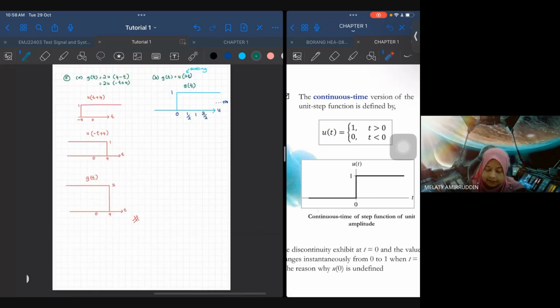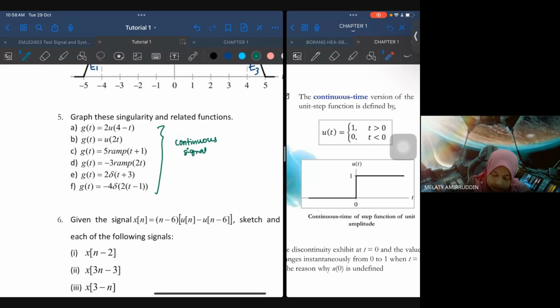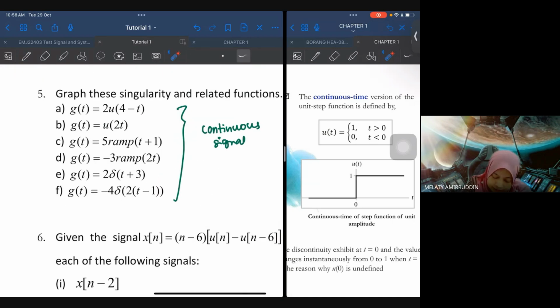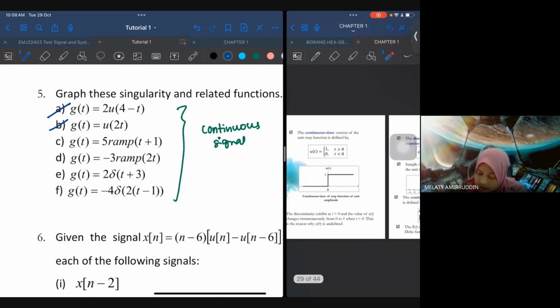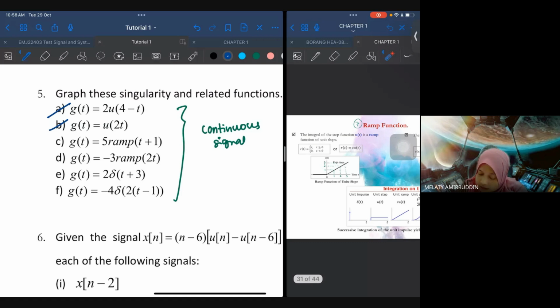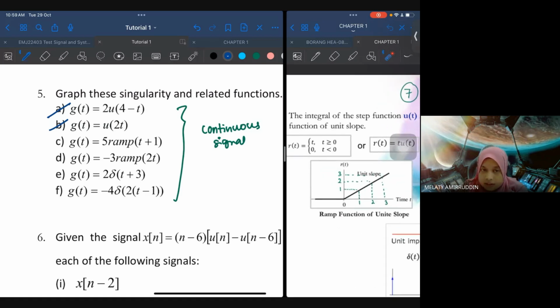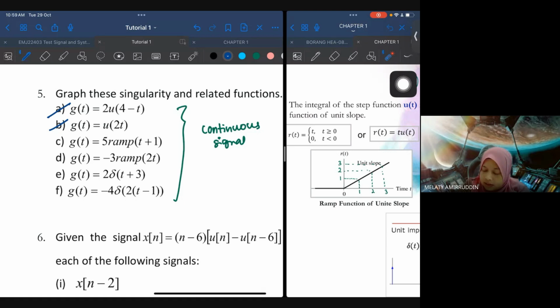And then C, ramp. We have the ramp signal. We already did this one. What is the ramp signal? This is the ramp signal, the shape of the signal. So C is 5R(T plus 1).